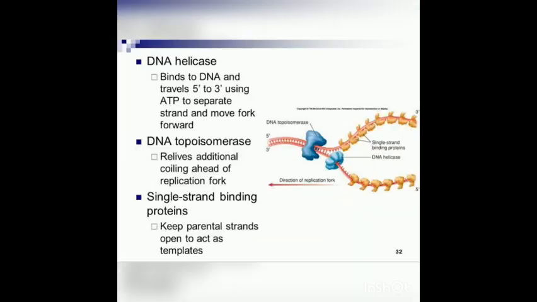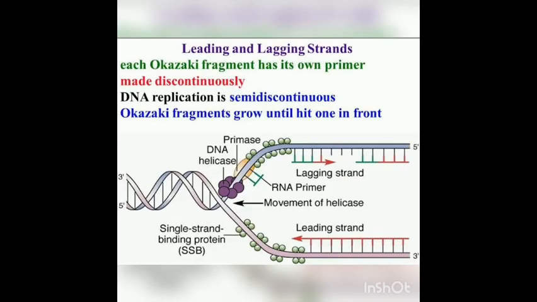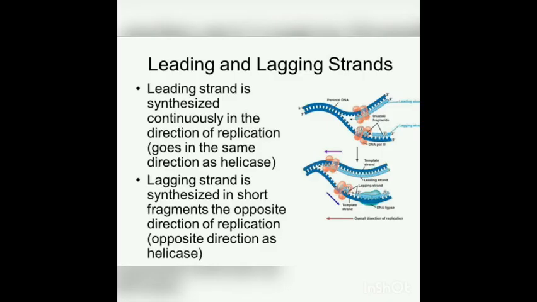While on the other hand, the strand with the polarity 5' to 3', replication is discontinuous, known as the lagging strand. So what is the leading strand and what is the lagging strand? The leading strand is continuous, and the lagging strand is discontinuous.